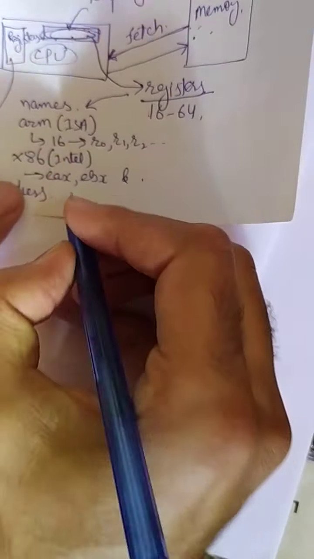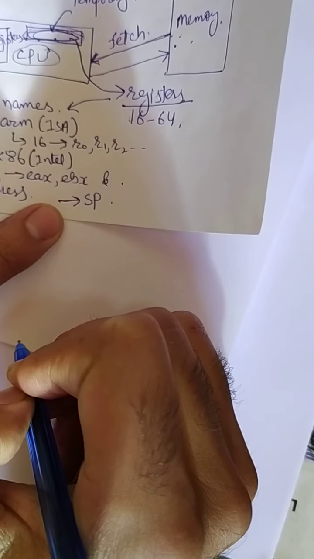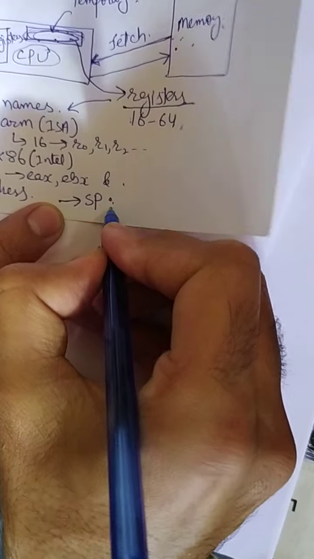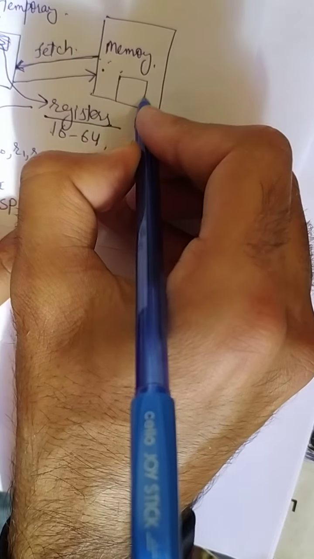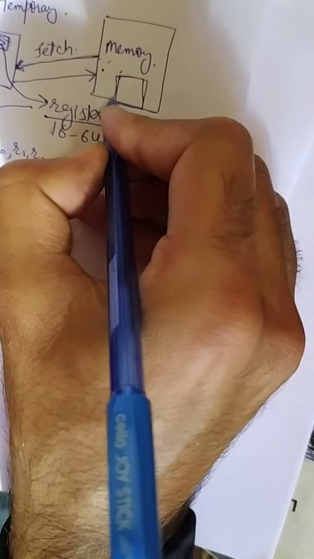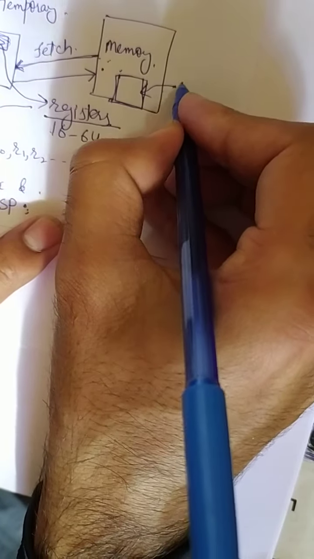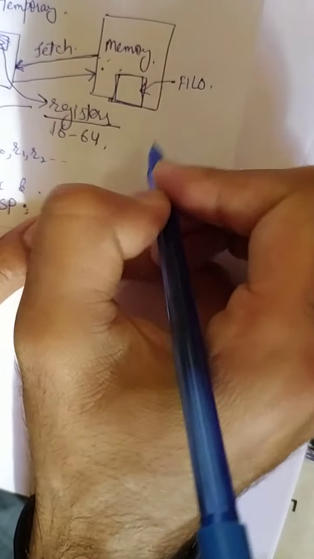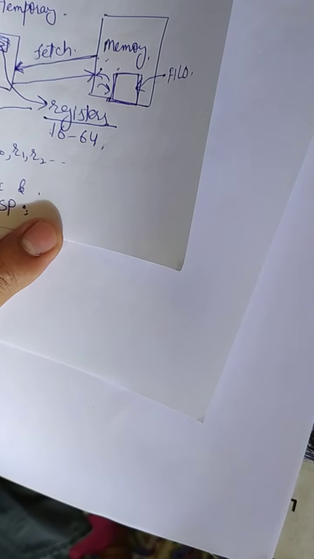Likewise, we have another register which we call the stack pointer. In every memory we have a stack. So what is a stack? Stack is a data structure in which we enter the data in first in, last out order. So we push the data and we pop the data from the stack.